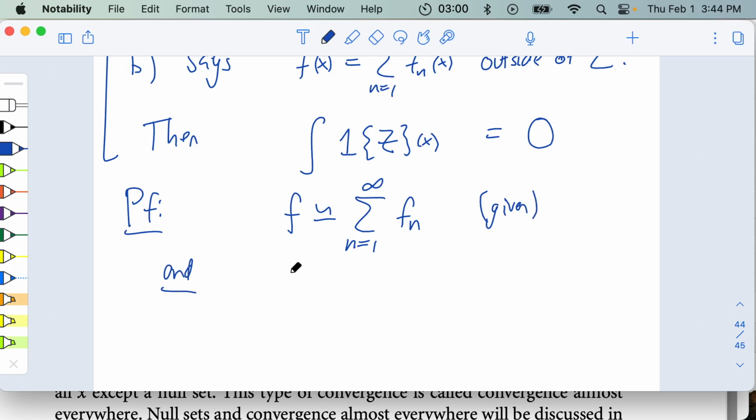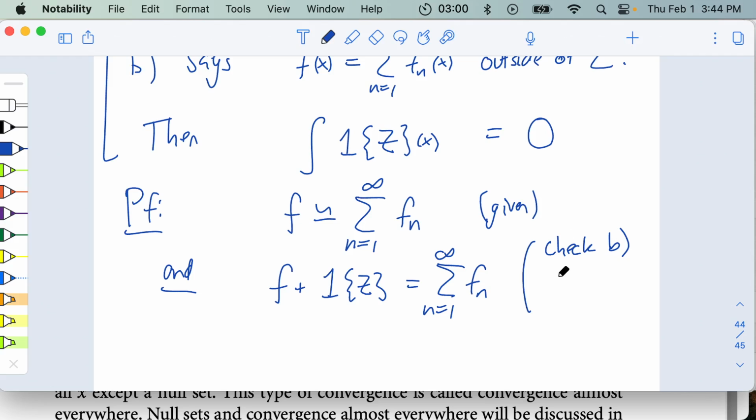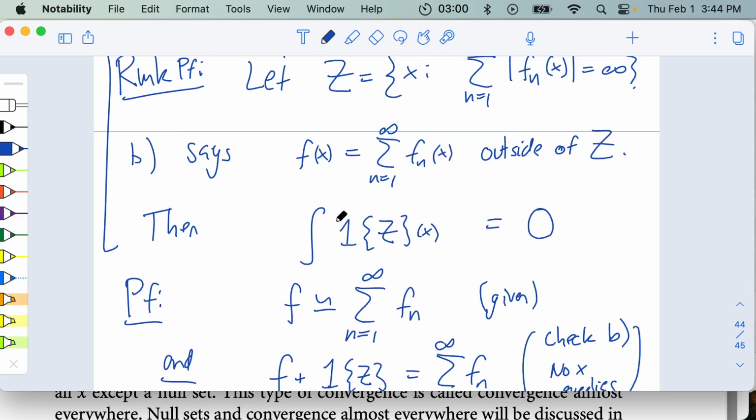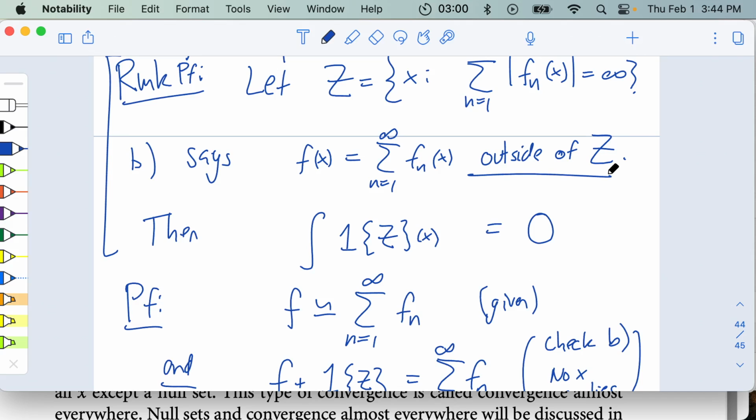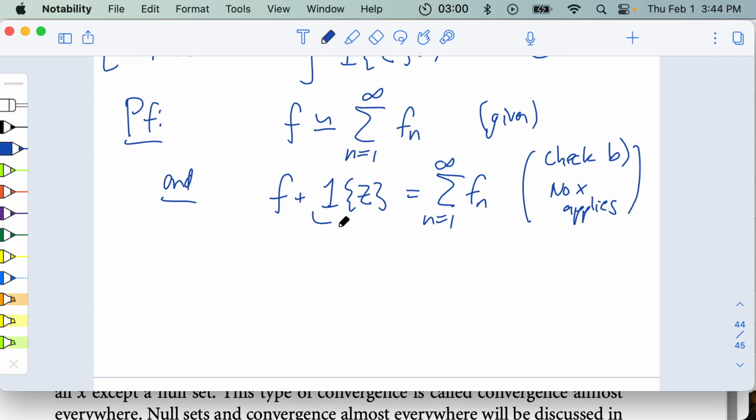And f plus the indicator function of Z is also equal to the sum of n equals 1 to infinity of the fn. And you can say check B, no x applies. So in B it says, the definition was they're equal outside of the set Z, and this function is 0 outside of the set Z. So they're equal.